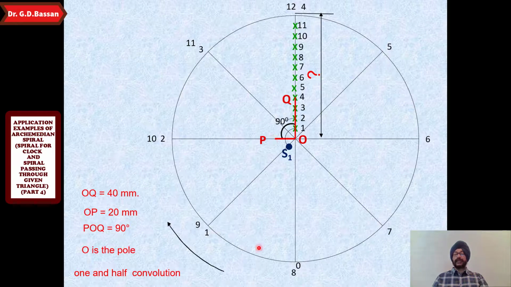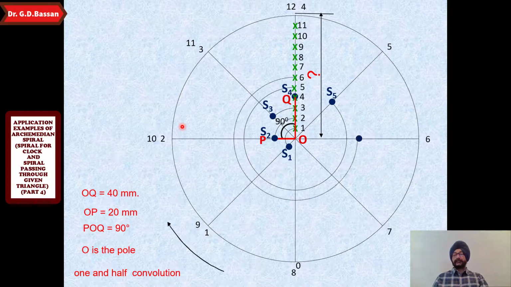It must coincide with the P because that is 20 mm, this is 10 mm. Third, with O as the center, draw another arc, so that it is intersecting O3 at point S3. Now where is S4? Obviously it is at point Q. Repeat the same procedure for all the positions of the link.